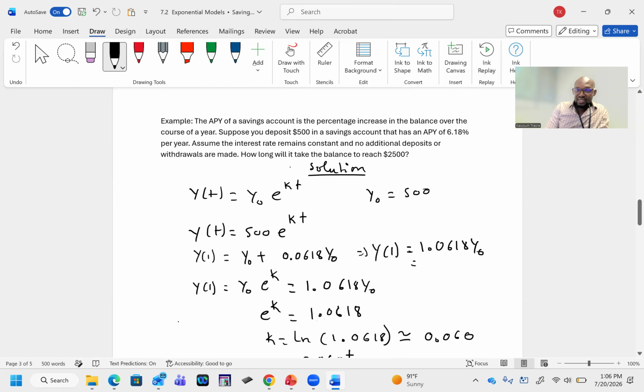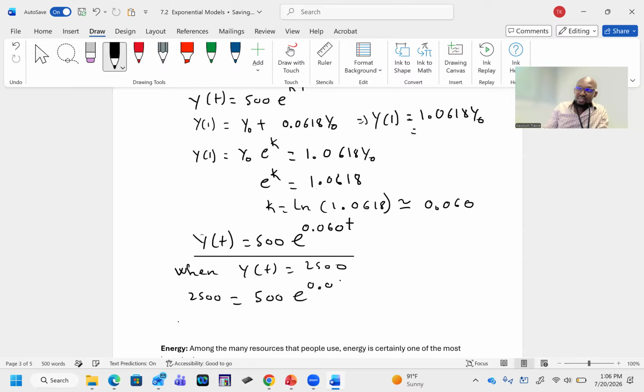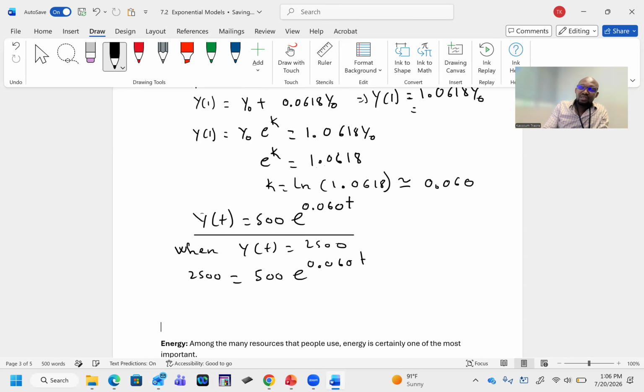How long will it take the balance to reach 2,500? Since I have my function, we are asked when y(t) will be equal to 2,500. So we just need to solve 2,500 is equal to 500 e to the power of 0.060t, right? Then divide both sides by 500.